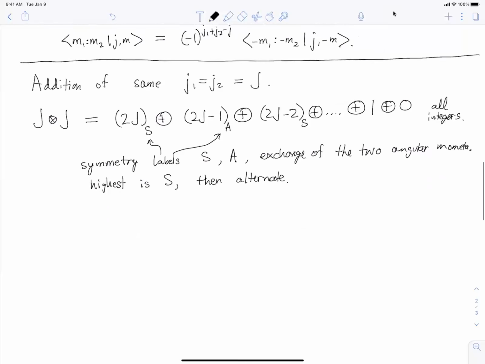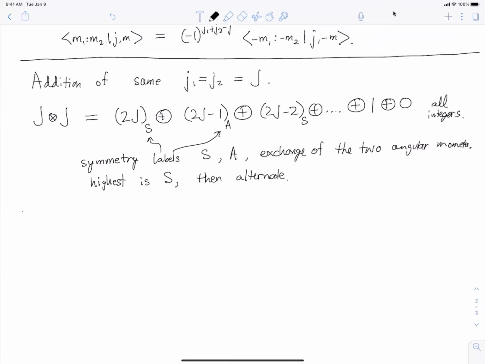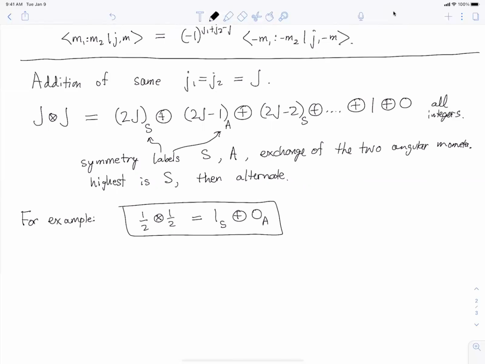One example of this that we've already seen is what happens if you do a spin 1/2 and another spin 1/2. If I take their tensor product, the result is an angular momentum 1, which is symmetric under the interchange, plus an angular momentum 0, which is anti-symmetric under the interchange. That's what the general rule tells us.